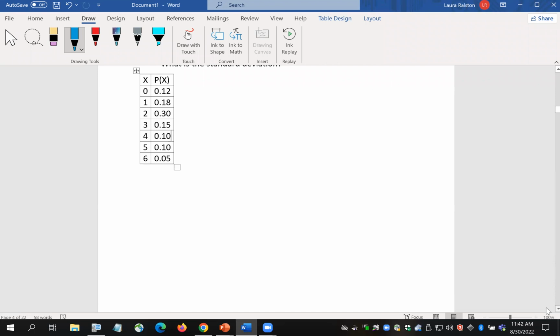Some people like to do it in a table form, so if you prefer, you can do it in a table form. I'm going to do X times the probability of X. So I'm going to take the number in the first column and multiply it times the number in the second column.